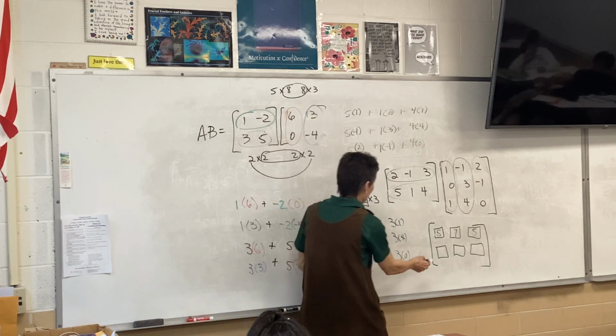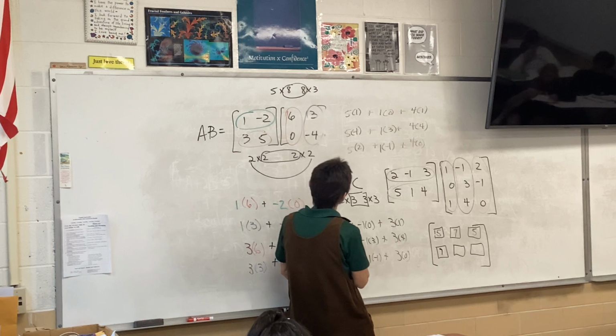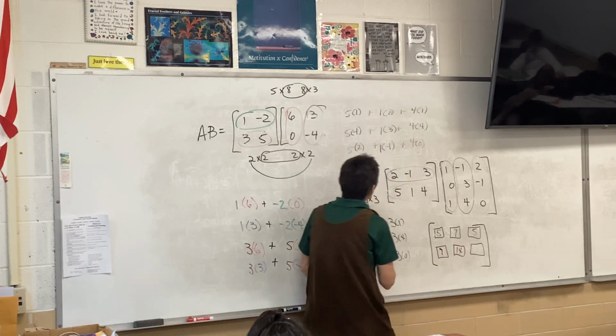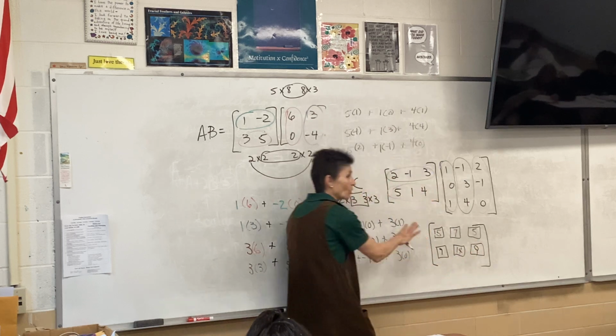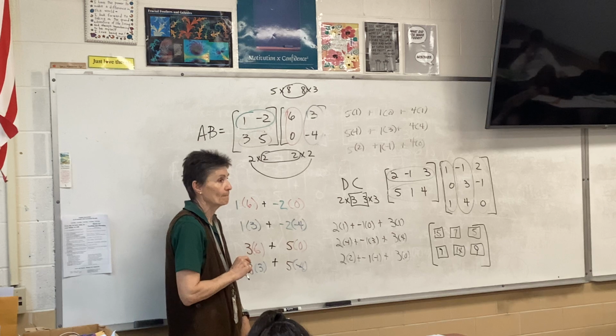I think I got 9. Check my arithmetic, it's really easy to make mistakes. Yeah, here it's 9. 14. Yep. And 9 again. Again, total coincidence I have matching numbers in there. Please don't think there's any kind of pattern.